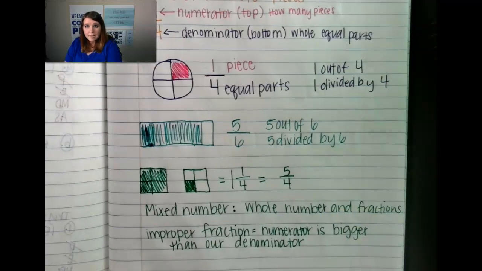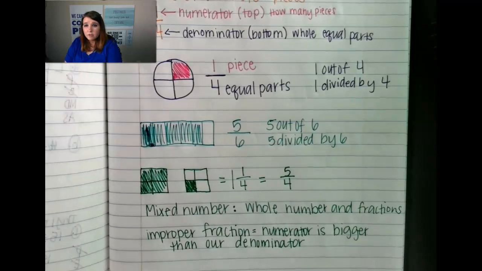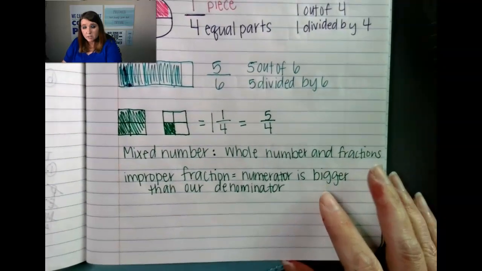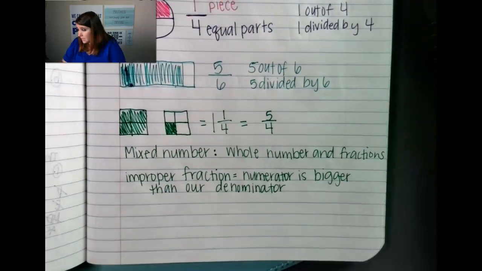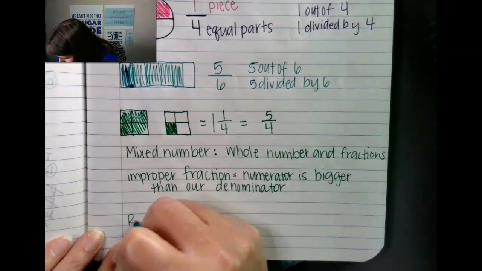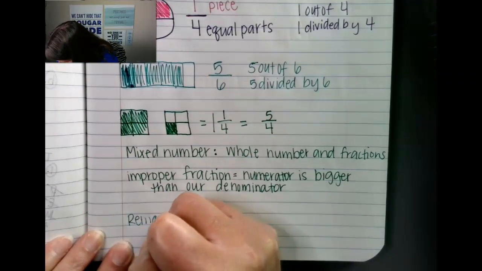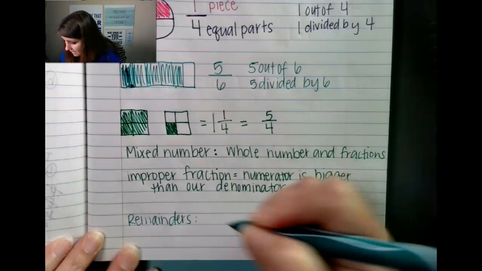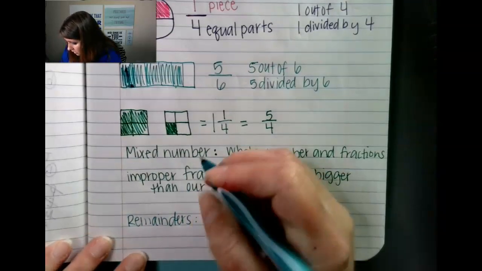When you're dividing a number and you have a remainder left over, remainders are fractions. Remainders are parts of numbers. That's another fraction. So let's write that one down. Remainders. Remainders are also fractions.